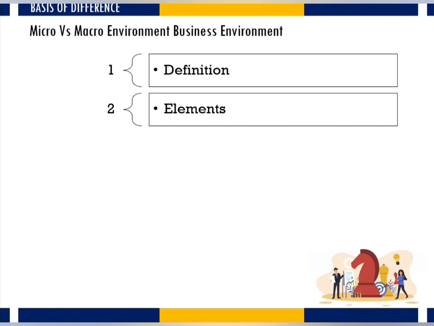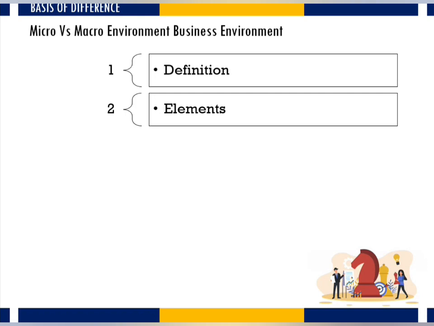On the other hand, the components of macro environment include demographic environment, political environment, economic environment, socio-cultural environment, technological environment, legal environment, and natural environment.